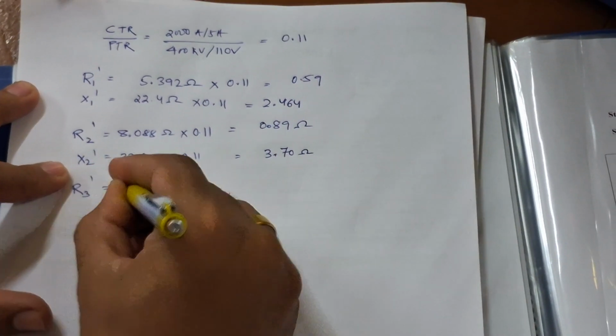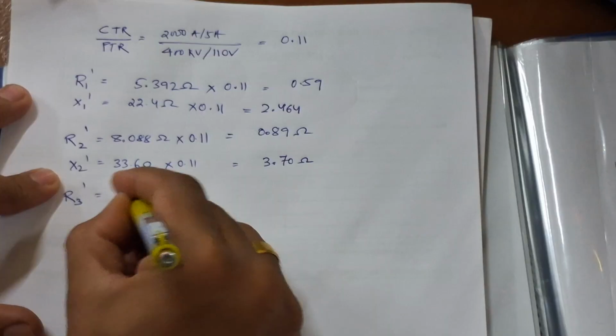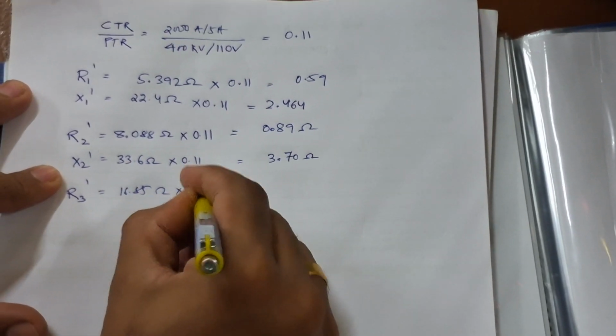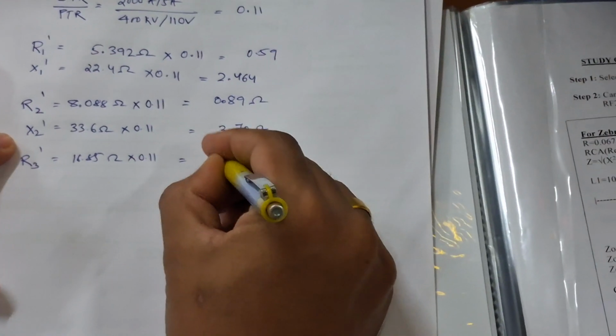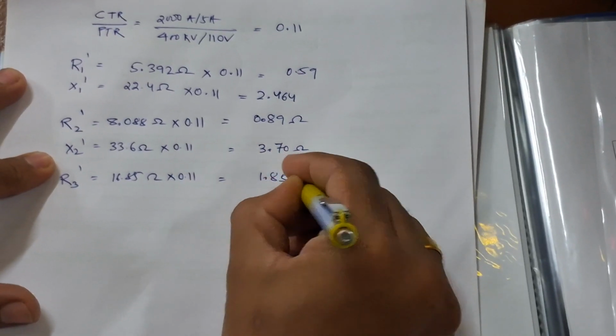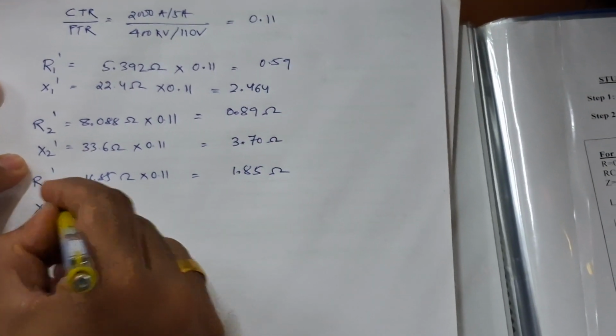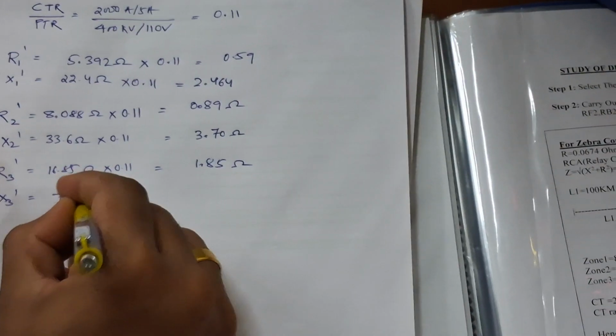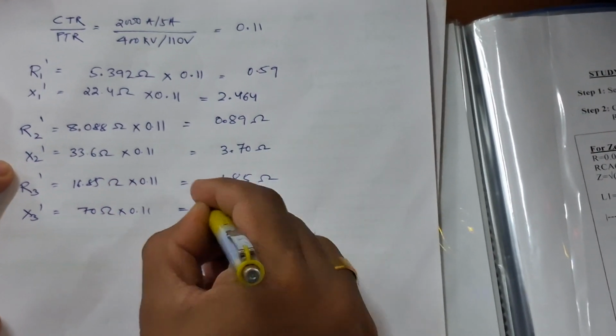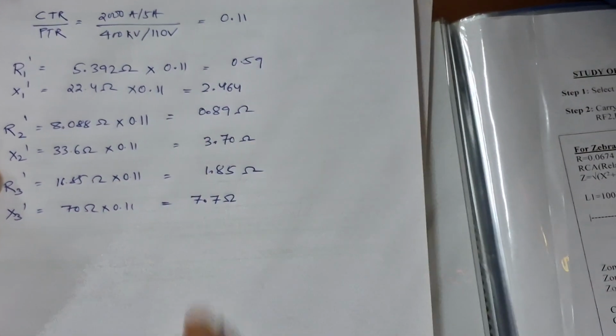R3 dash will become 16.85 ohm into 0.11, that will become 1.85 ohm, and X3 dash will become 70 ohm into 0.11, that will be 7.7 ohm.